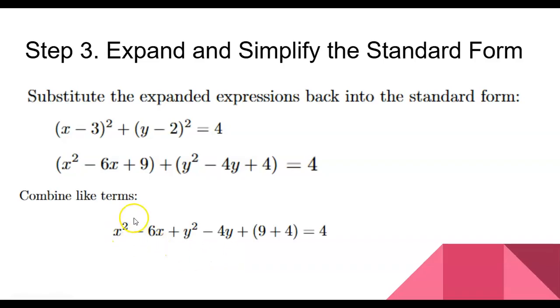So we have x squared minus 6x plus y squared minus 4y plus 9 plus 4, equals 4. We combine like terms, the constant terms. We copy x squared negative 6x plus y squared minus 4y, and then 9 plus 4 is 13. So we have positive 13 equals 4.